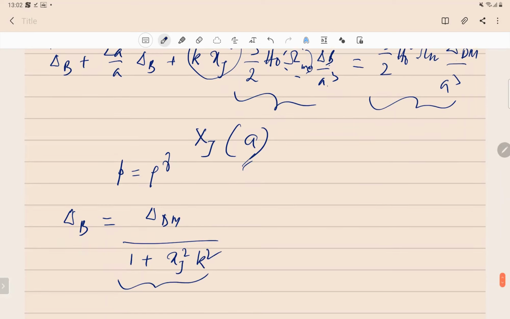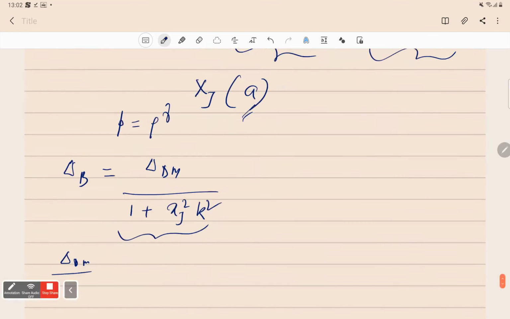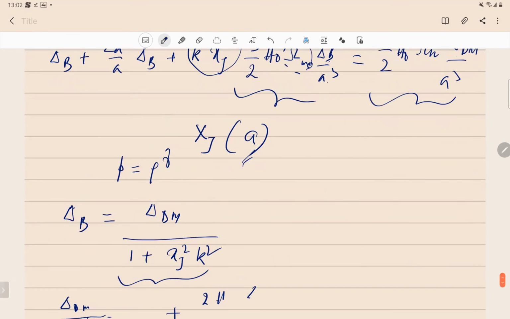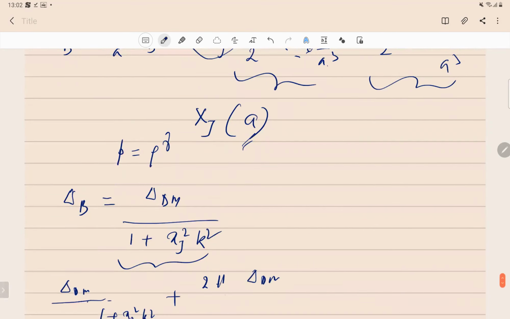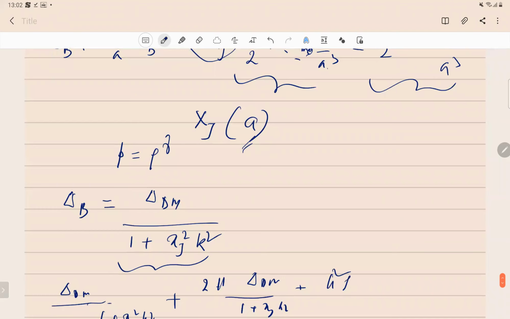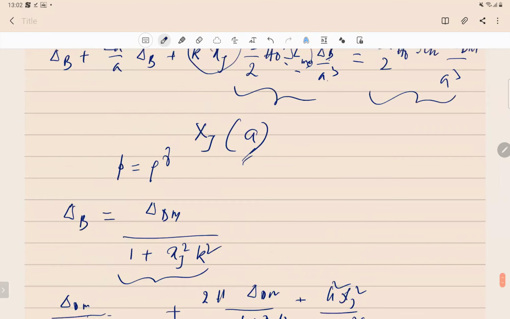The first term will be delta dark matter by 1 plus x_J square k square, and the second term will be twice H delta dark matter by 1 plus x_J square k square. This term will be k square x_J square by 1 plus x_J square k square.